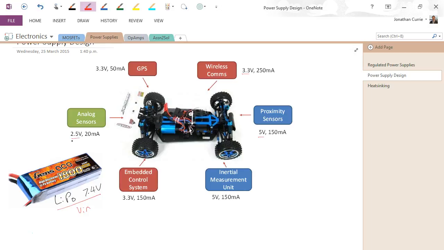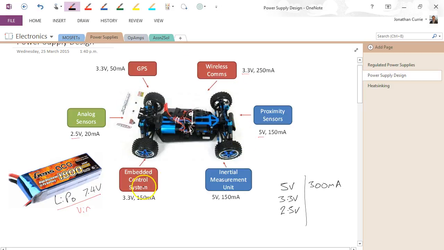Now, in order to do that, what I normally like to get students to do is actually to, just as I've done here, but actually in tabular form, tally up the amount of current required for each of the voltage levels. So we've got a 5 volt, a 3.3 volt and a 2.5 volt rail, and in total the 5 volt requires 150 plus 150, 300 milliamps.